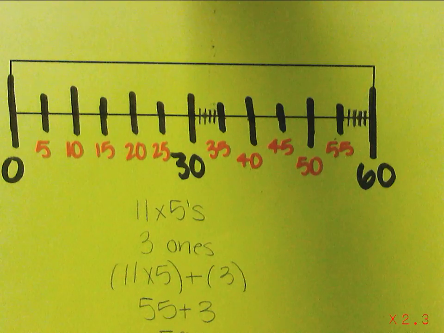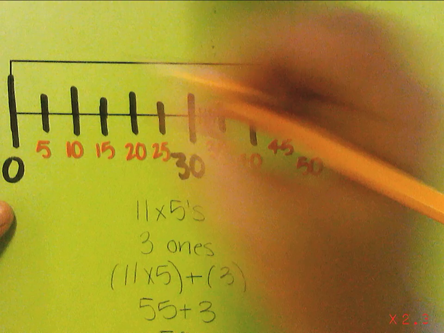Okay, so now we're still going to talk about a number line. We're going to talk about when I arrived at school this morning. Okay? So I came to school at 7:37 this morning. So what we're going to do is we're going to find that time on my number line. So let's label our first time.